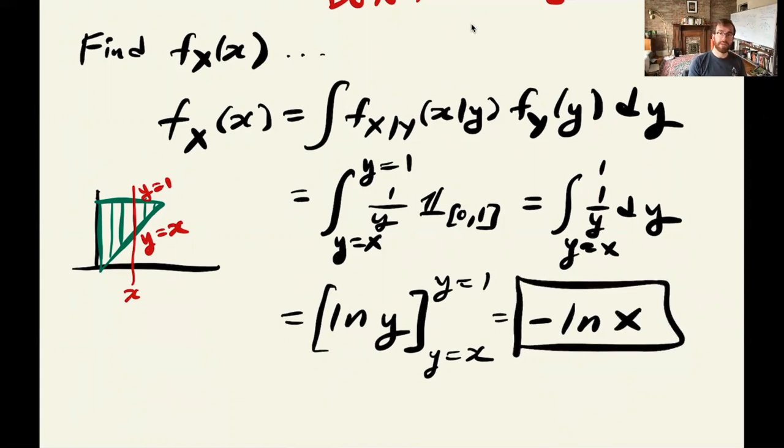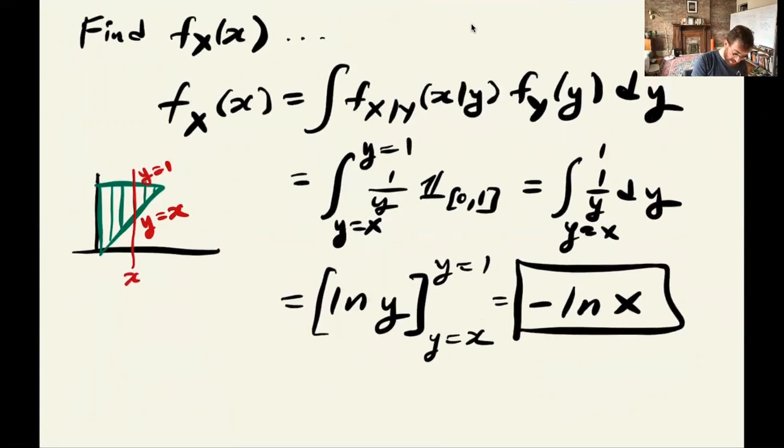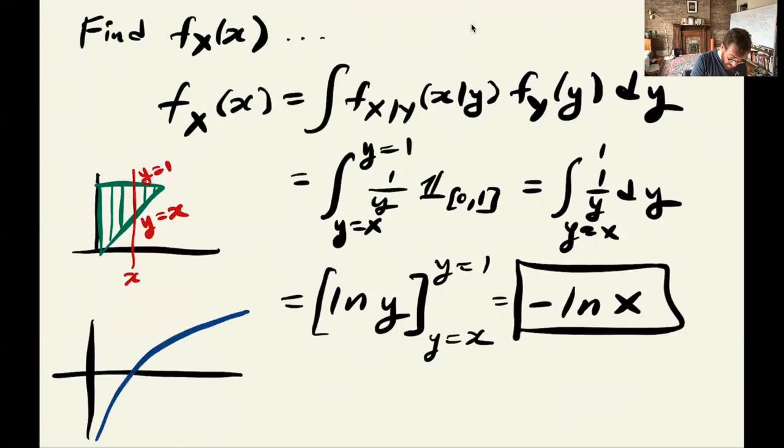That's actually my PDF. Now, if you think about this for a quick second, remember natural log looks something like this. And the place where it crosses the axis is at x equals 1. Which means that if you flip it, I now have negative natural log of x.